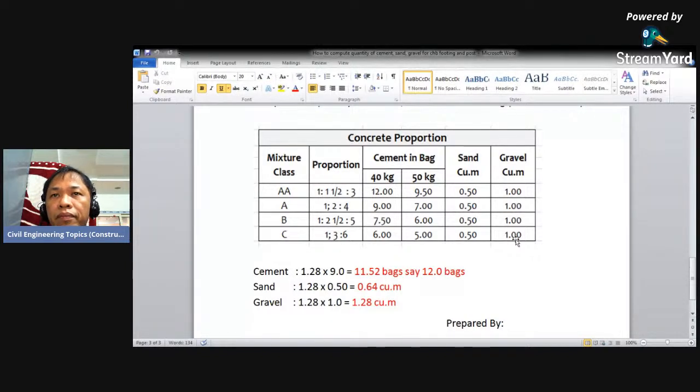Everybody can use this one. So no need to hire the estimator. Just follow this computation. You can arrive at the quantity of cement, sand, and gravel what you want in your project.